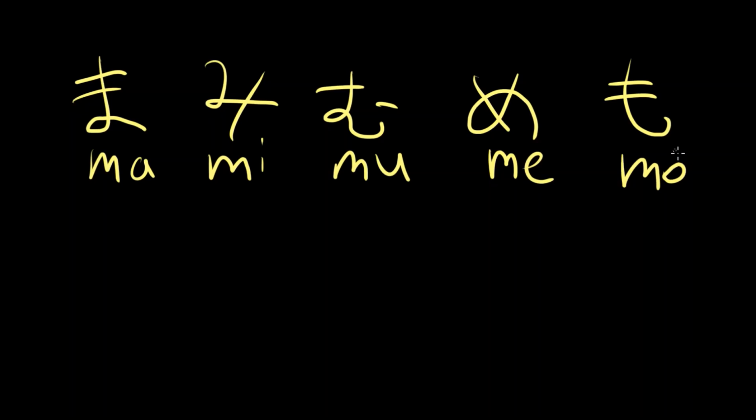Ma, mi, mu, me, mo. You cannot use dakuten on these ones. You can't do that. It doesn't mean anything, and it looks a bit weird to a native Japanese person.